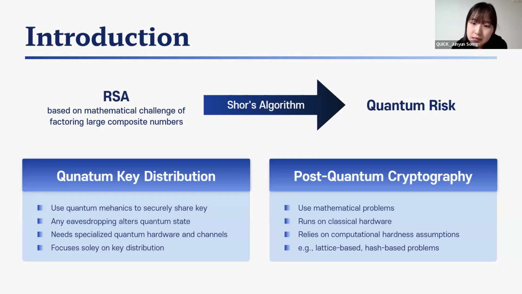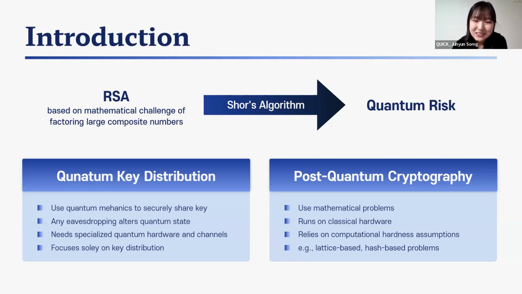It relies on computational hardness assumptions that are believed to be secure against quantum attacks, such as lattice-based or hash-based cryptographic schemes. Both approaches aim to secure communication in the era of quantum computing, but QKD's security is not based on computational assumptions.